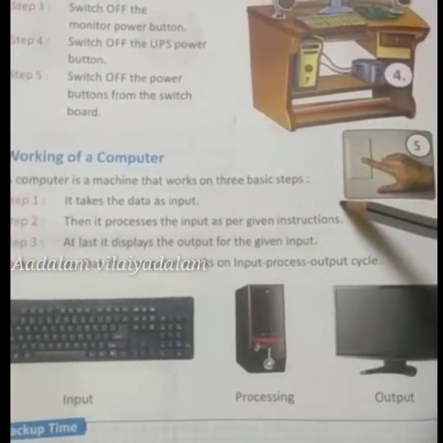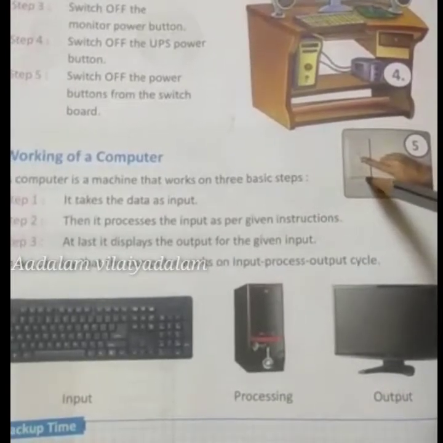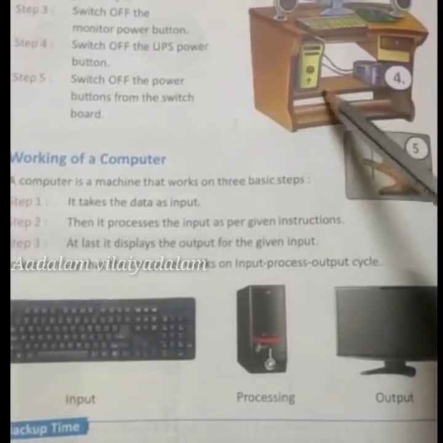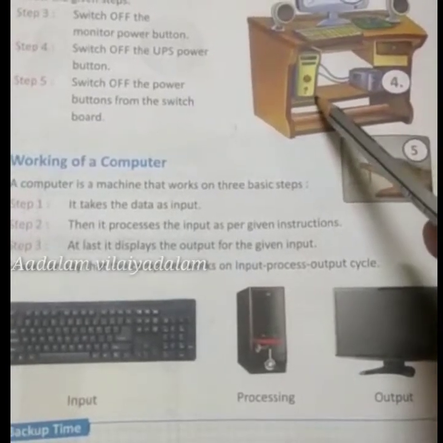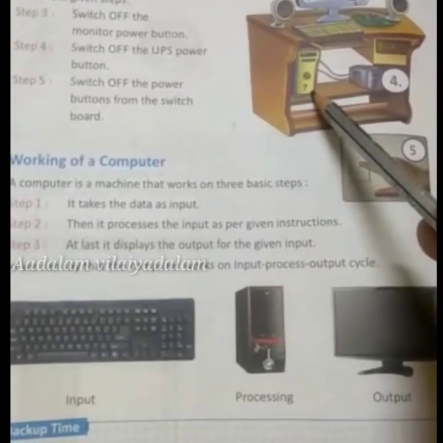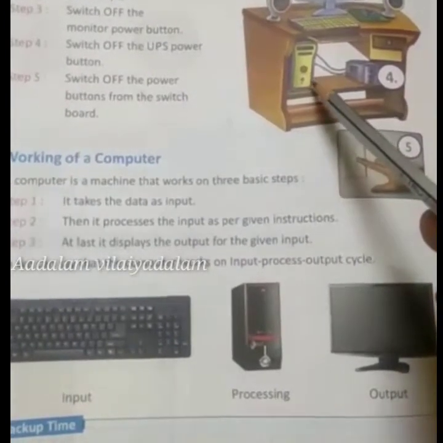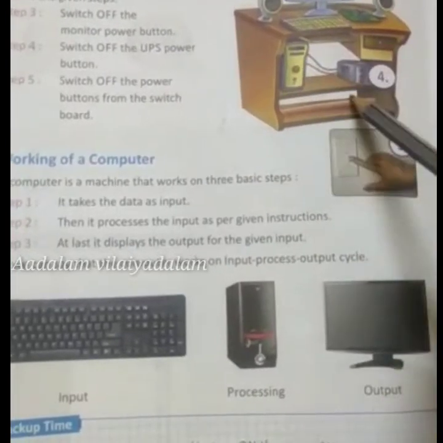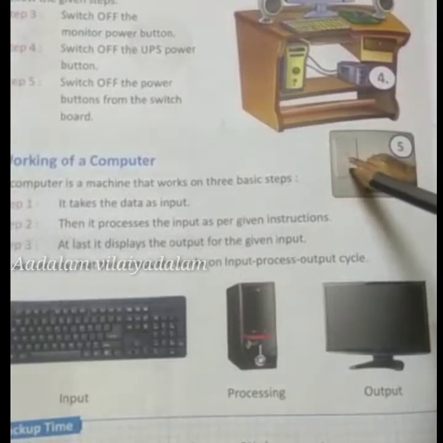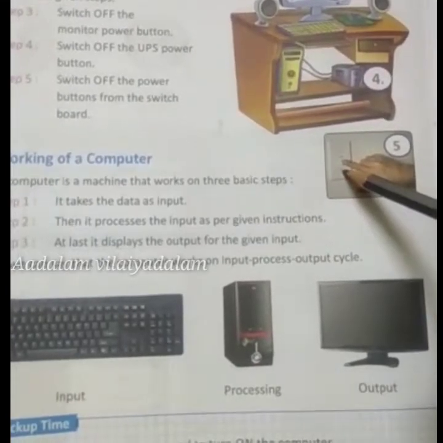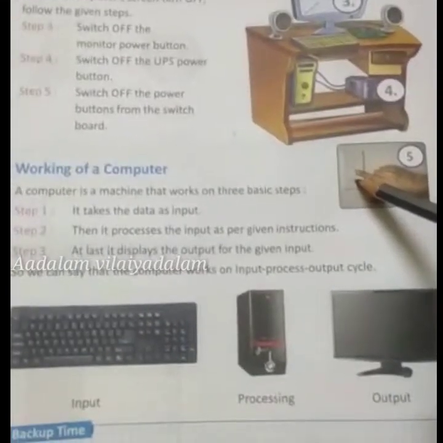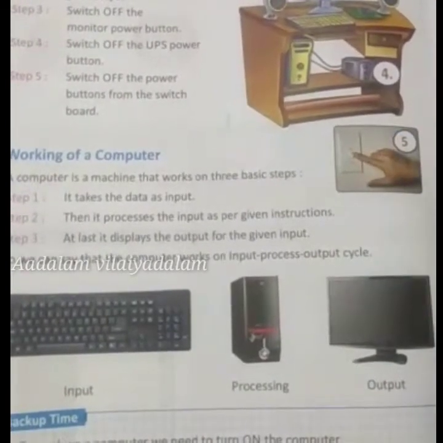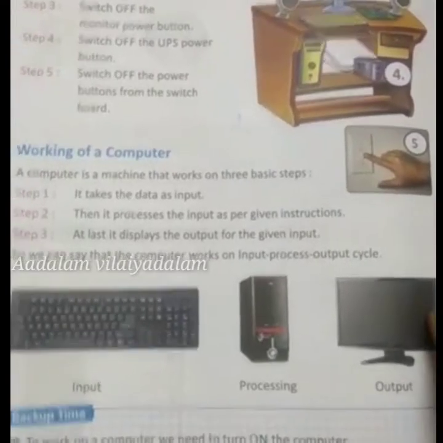At last, switch off the power button. When switching off the computer, you should not switch off the CPU button. It will switch off automatically. The first step is to click start and then shut down, and then the monitor power button, UPS power button and then the power button from the switchboard. These are the steps to switch off the computer. We should not directly switch off the computer.